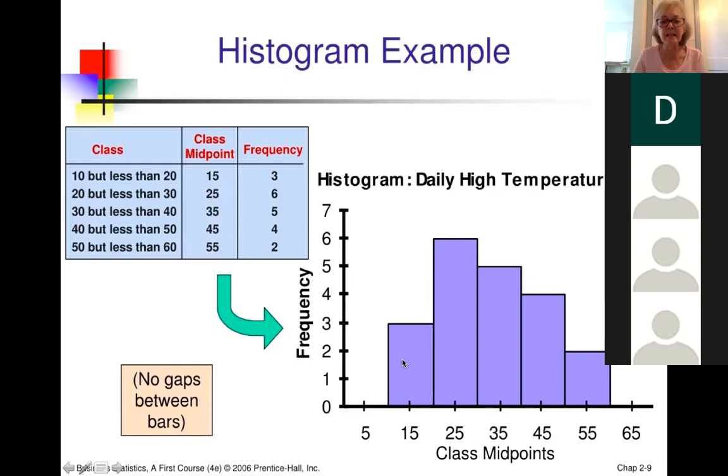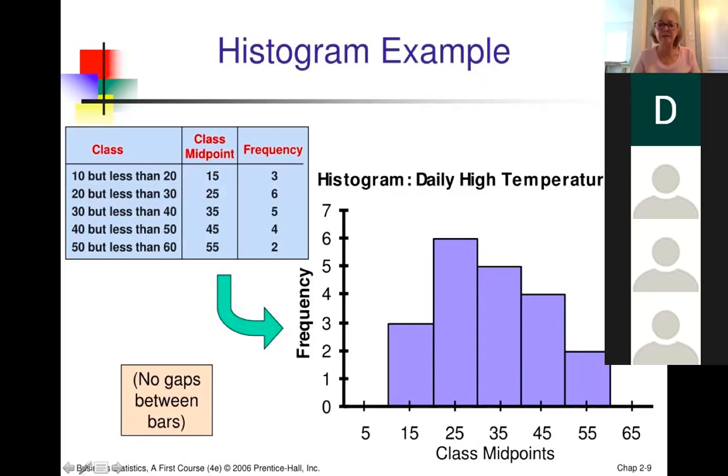And so we've made little categories. And then we've counted how many days in each category. And we've made something that looks like a bar chart, but it's a histogram, because this is 10 up to but not including 20. And then we skipped from 20 up to not including 30, and so forth. So these upper boundaries are in the second bin, not the first.